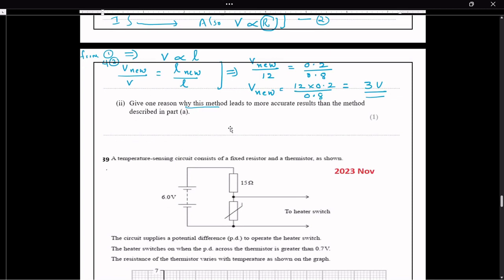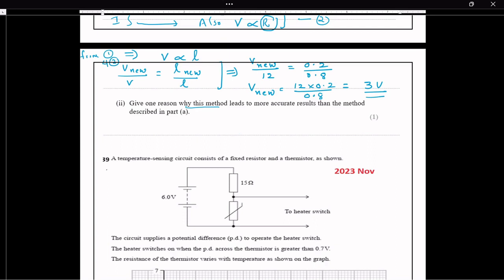Now here, one thing is very clear, that only less length is used here. So when less length is used, the resistance or resistivity will be less. So we can say less resistance or less resistivity over shorter length. And also the cross-sectional area will be more constant.